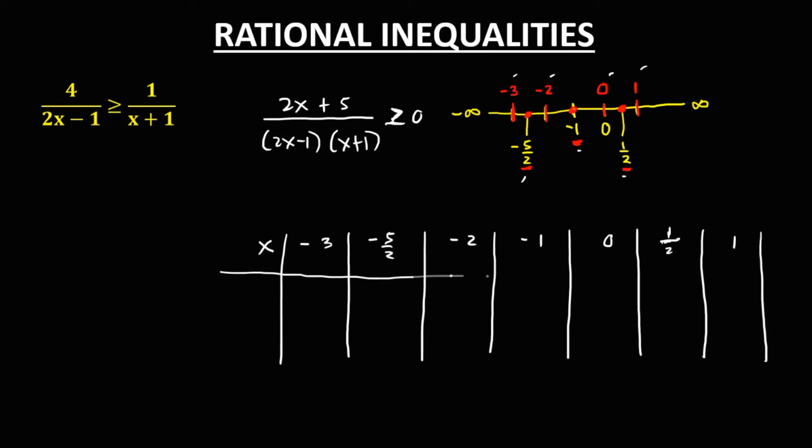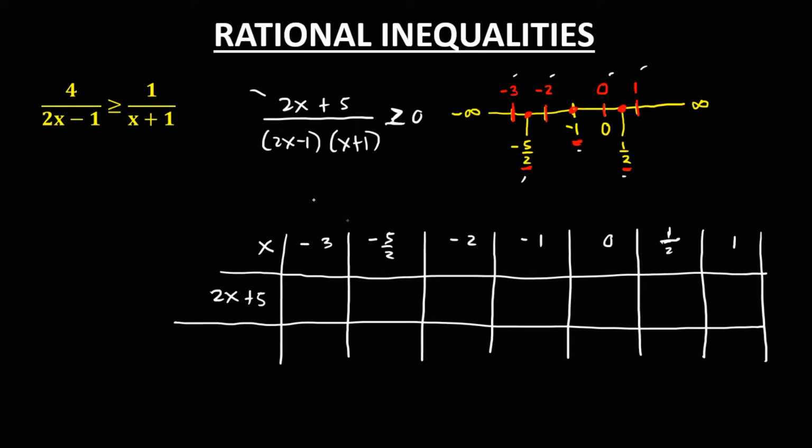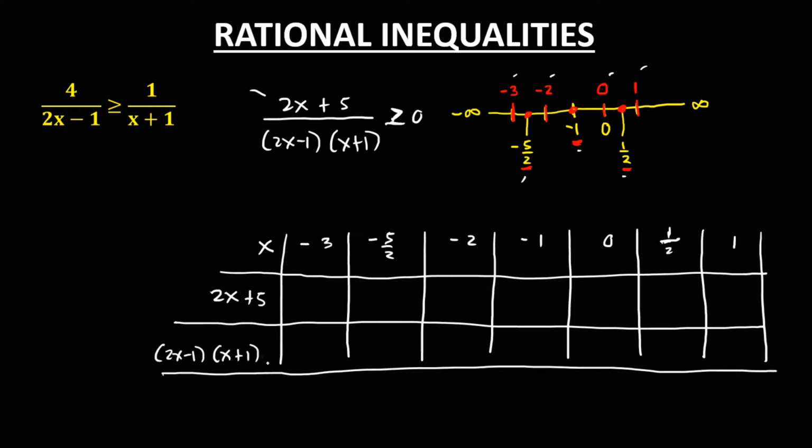Then for the numerator, that's 2x plus 5. And for the denominator, we have this 2x minus 1 and x plus 1. Then the last one is the result.